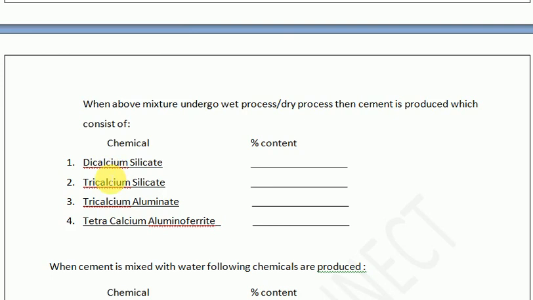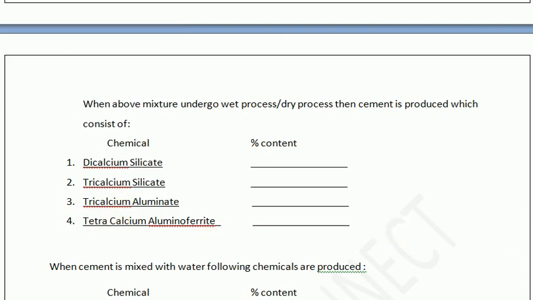In a coming module, we will understand how the reaction and behavior of cement change when the composition percentage of these chemicals changes. But as of now, we must remember that cement is composed of four chemicals: dicalcium silicate, tricalcium silicate, tricalcium aluminate and tetracalcium aluminoferrate.